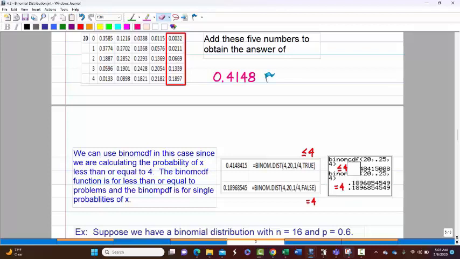CDF doesn't use true and false, but CDF adds them all up and gets this number right here. And then I must have hit enter twice here, that's okay. PDF just gave me that x equals 4 number, the 0.1897 right there. So hopefully that's becoming a little more clear.